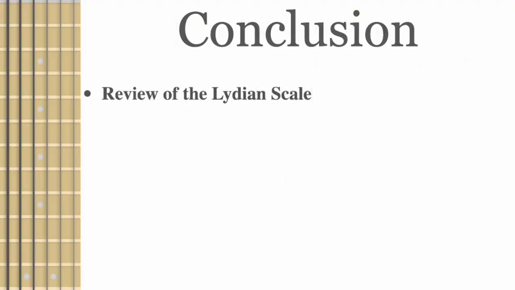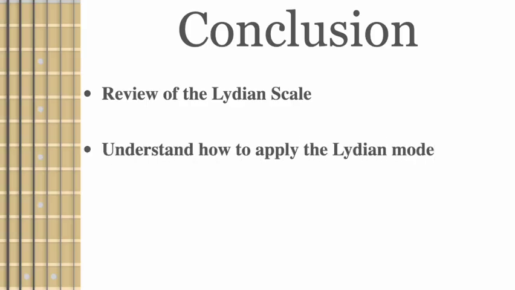obviously we reviewed the Lydian scale quite a bit, as well as understanding how to apply the Lydian mode. In order to do that, we have to understand what the impact of our scale is on our chord progressions, and chord quality as well, right?